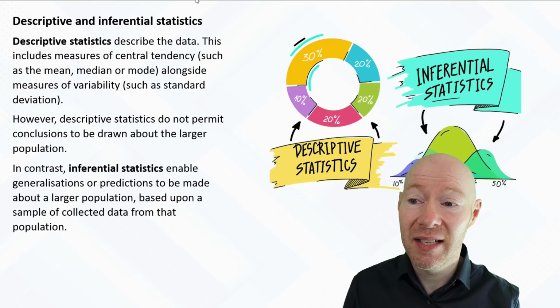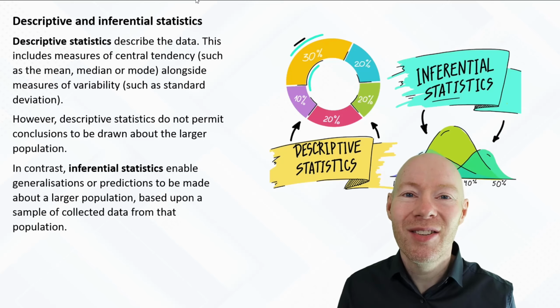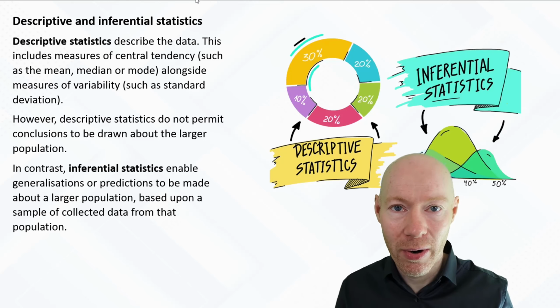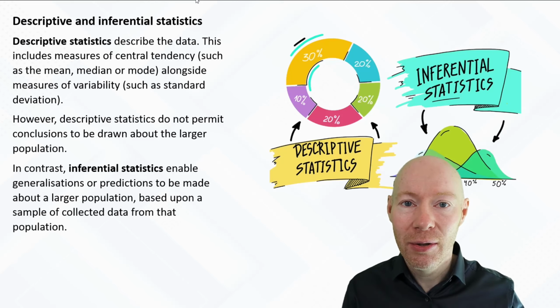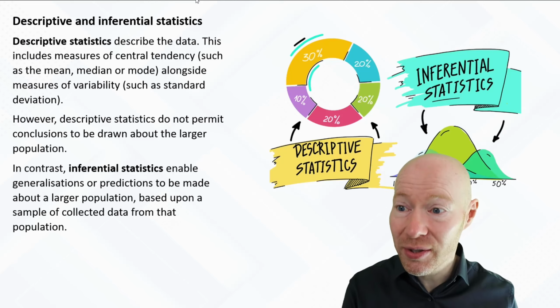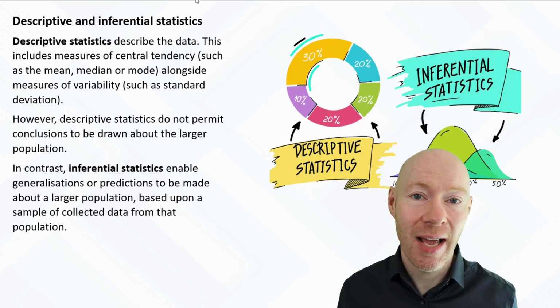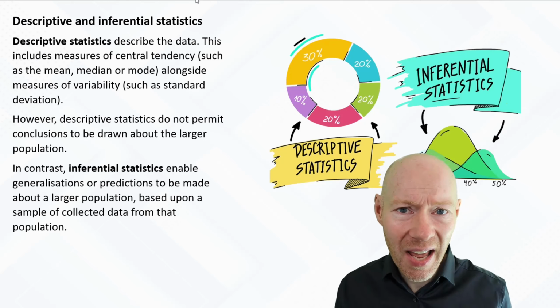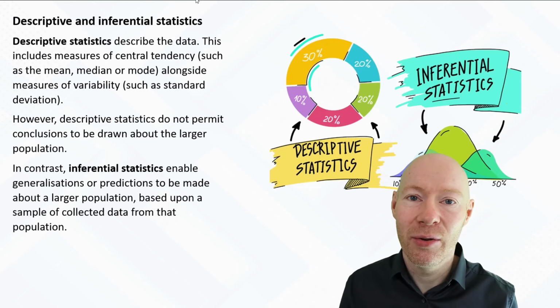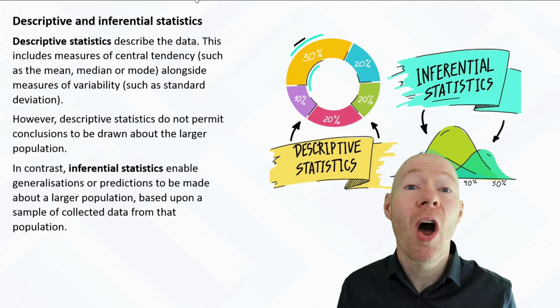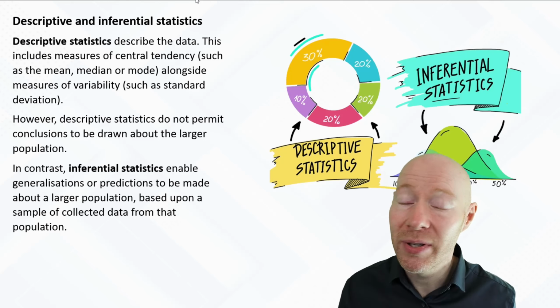So inferential statistics enable us to generalize, to go from our individual small sample to the whole population or a bigger sample and make predictions about that. And as I said, it really is quite important that we always tie this into a measure of how confident we are around that prediction.